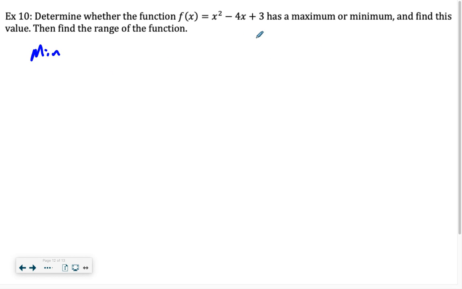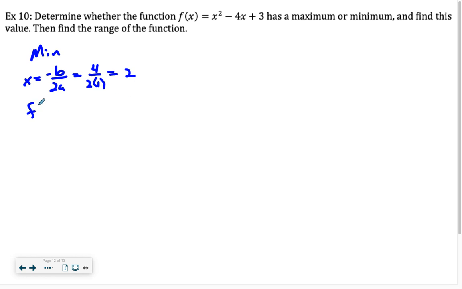We have a couple of ways that we can do that. We could complete the square and put this in vertex form, or we could use what we just talked about, the x equals the opposite of b over 2a. So the opposite of b would be positive 4 over 2 times 1. So 4 over 2 gets me the x coordinate of the vertex is 2.